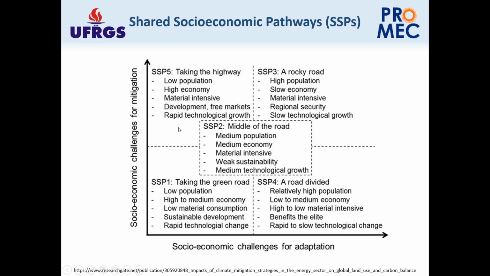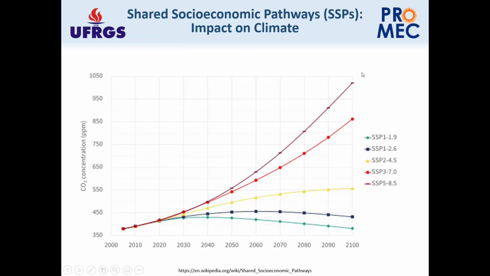This is a bit more detailed. I'm not going to go through it in so much detail, but I'm going to leave this slide here for you guys to have a closer look at the assumptions for each of the SSPs. And the main objective, for example, in integrated assessment models, is to see in each SSP how people are going to emit CO2, and how the CO2 concentration in the atmosphere will increase.